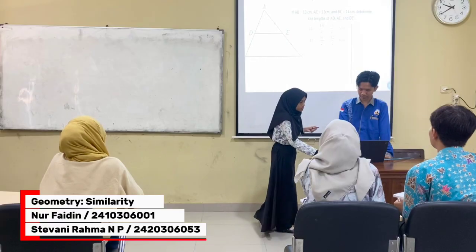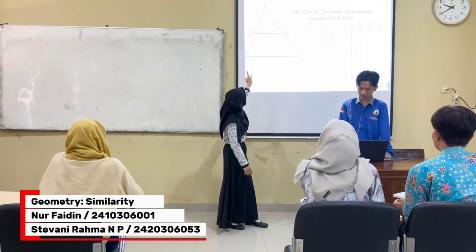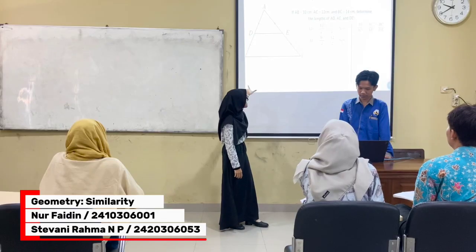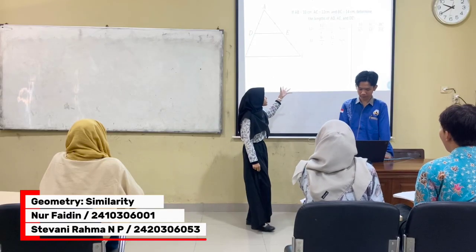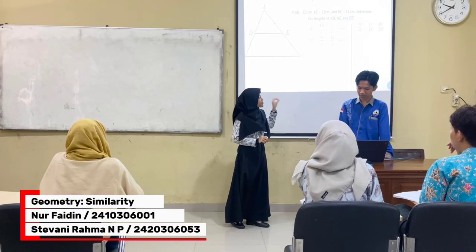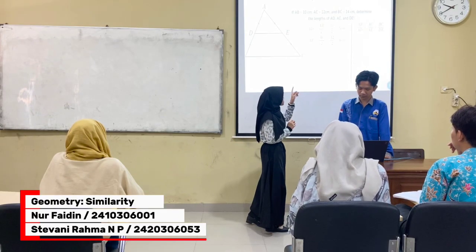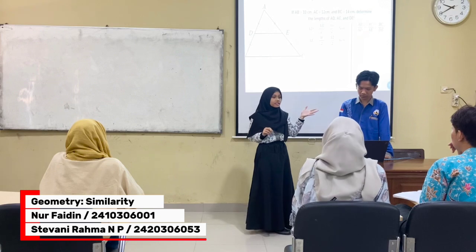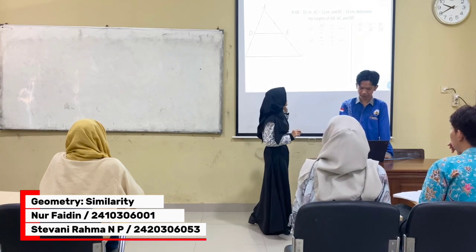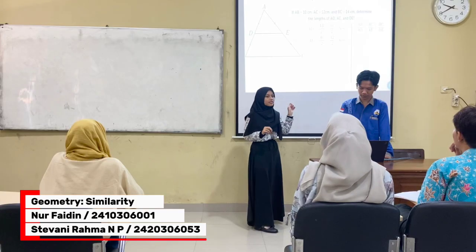We can look at the ratio between AB and AD, and AC and AE. For AB divided by AD, 10 divided by 5 is 2, and AC divided by AE, 12 divided by 6 is 2.